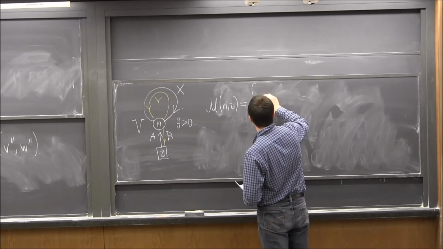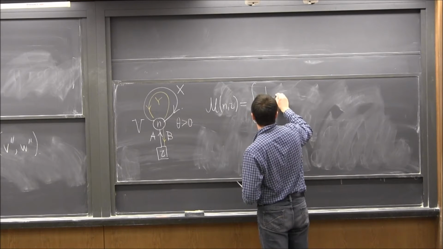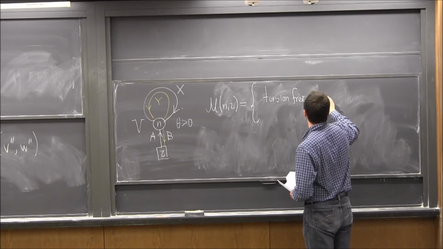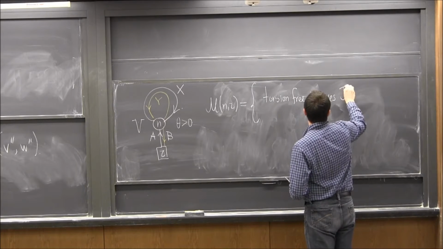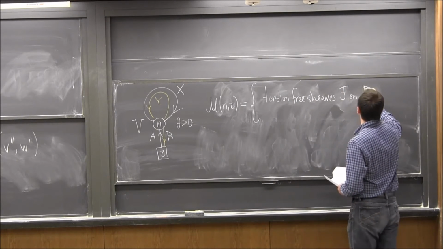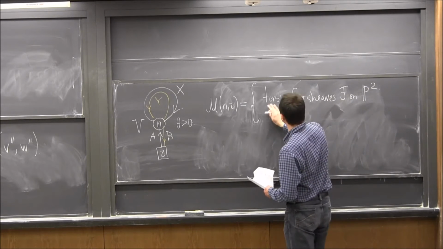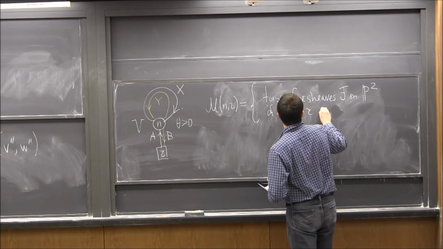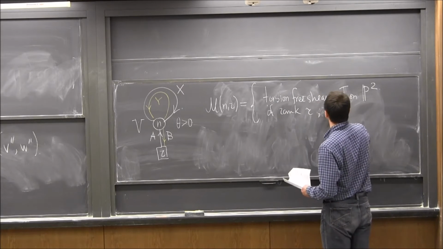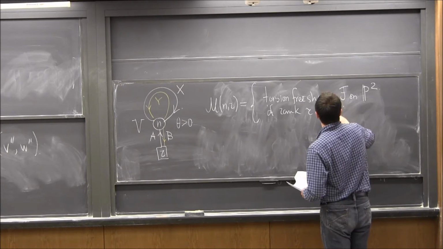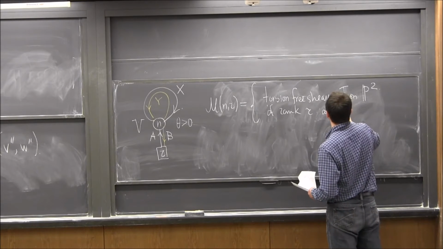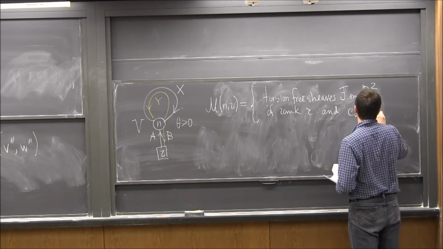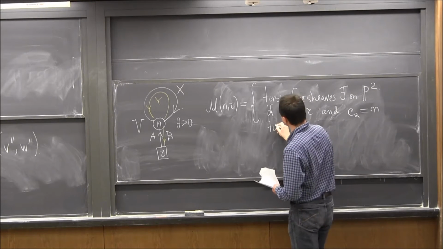We take the moduli space of torsion-free sheaves F on P2 of rank R and second Chern class equal to n, together with a trivialization.